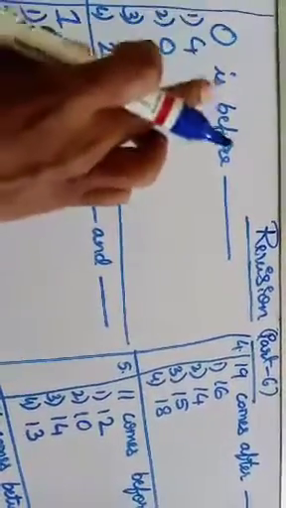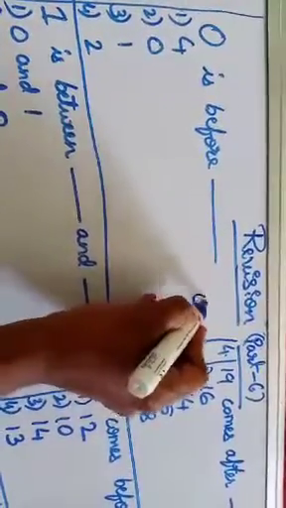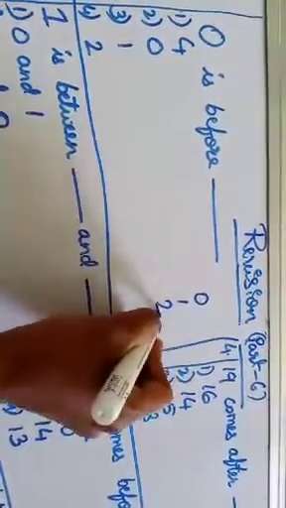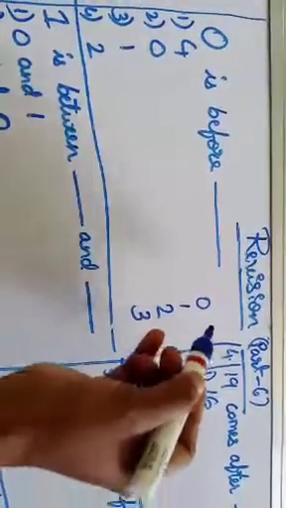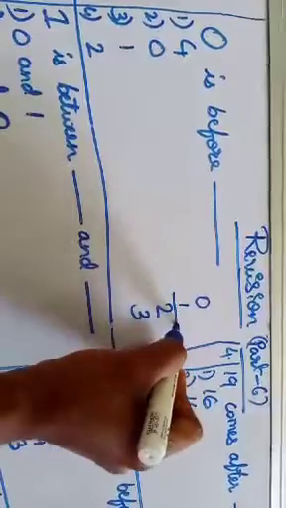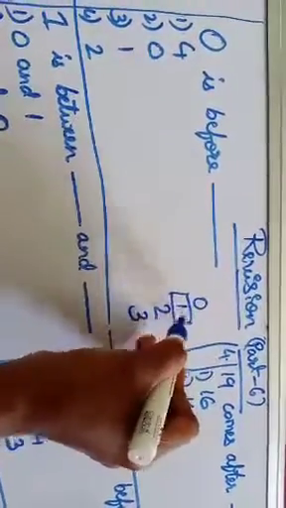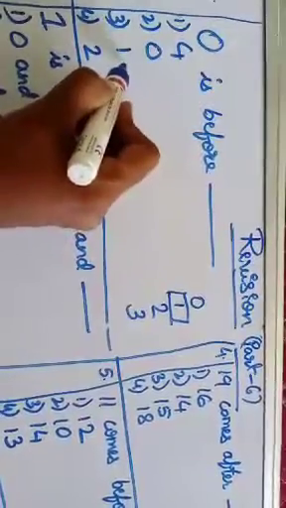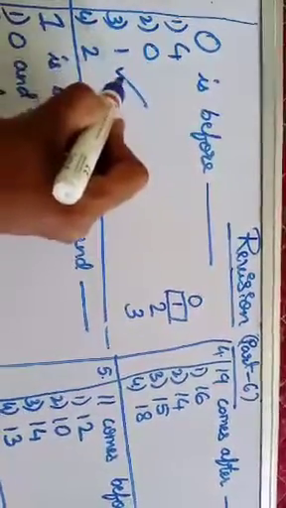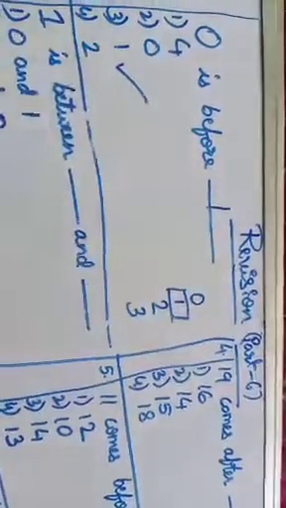So, you can write here 0, 1, 2, 3. So, 0 is before which number 0 comes, children? Yes, before 1, 0 comes. So, the answer is 1. The option third is the answer. Tick mark it and write in the blank.